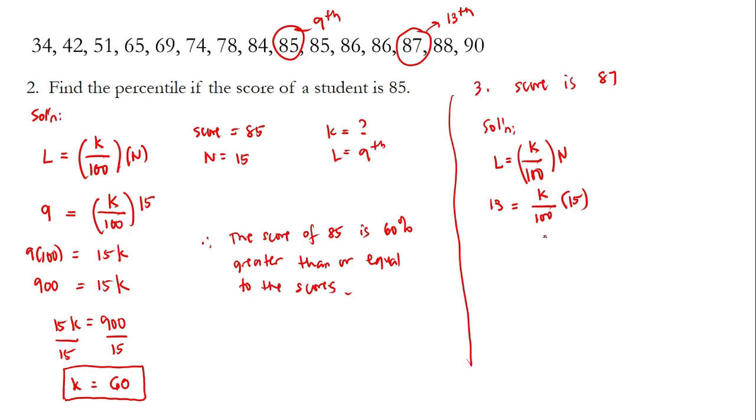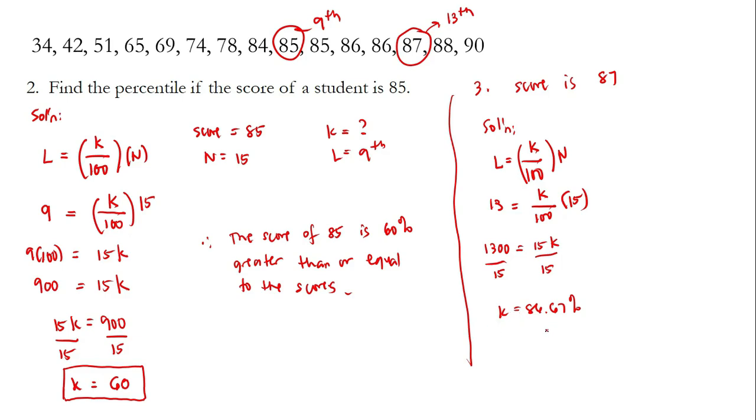So, 13 times 100, this is just 1,300 equals 15K. And then we divide both sides by 15. What is K? 1,300 divided by 15. K is 86.67%. As you can see, this is in decimal percentile.